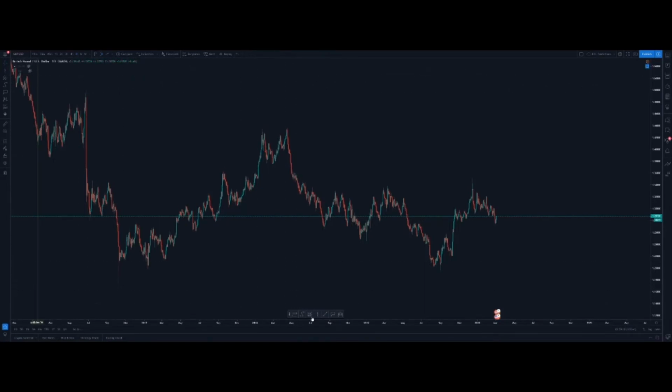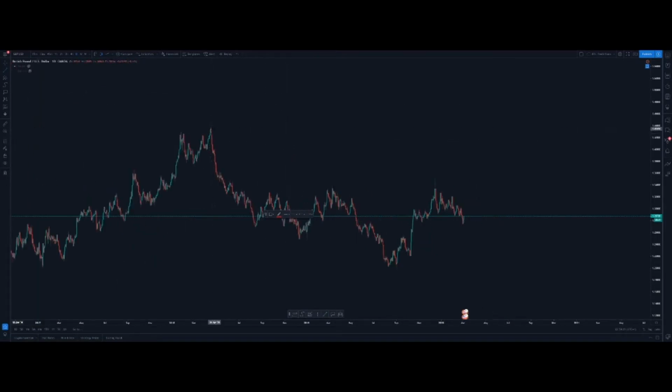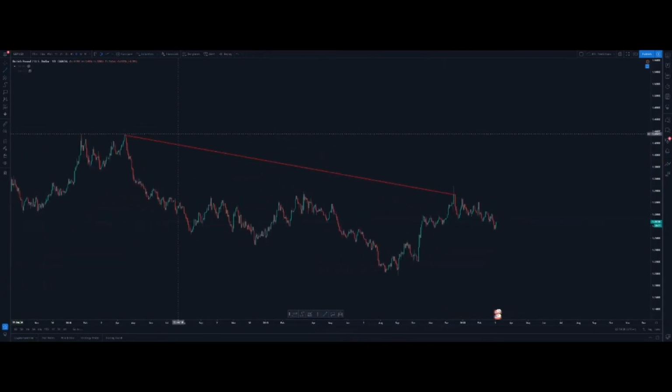We do that by connecting where the body closes of the candle at the highest point, and then the second highest point is from here. And as you can see, I'm connecting it at the body and not at the wicks.